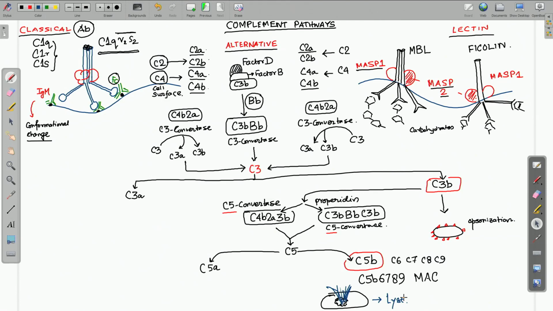And also you have two other smaller products at the end. One is the C3a and the C5a. So, these C3a and C5a together can lead to enhanced inflammatory responses.